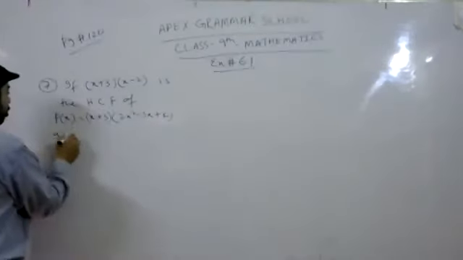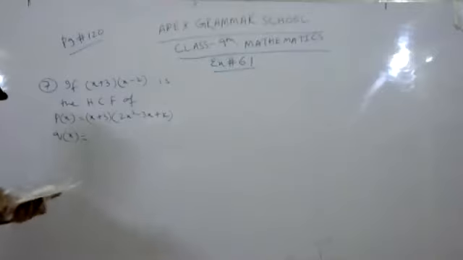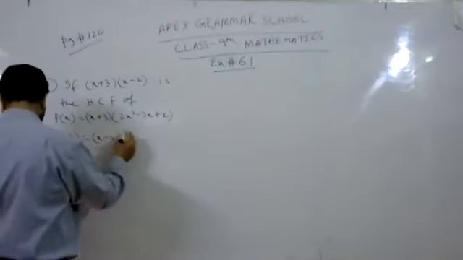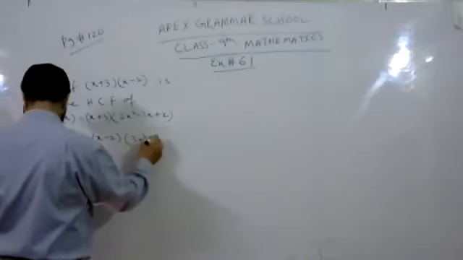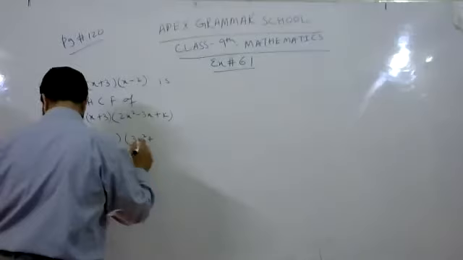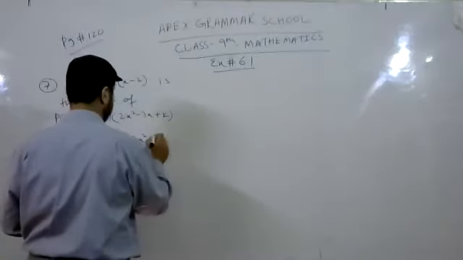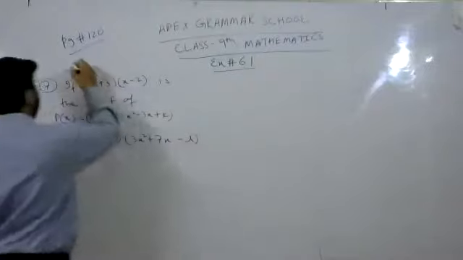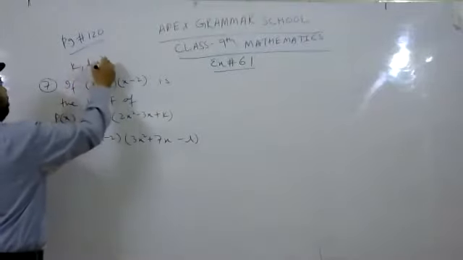And the second polynomial is q(x) = (x - 2)(3x² + 7x - l). And find the value of k and l.